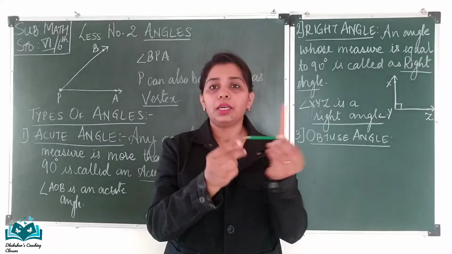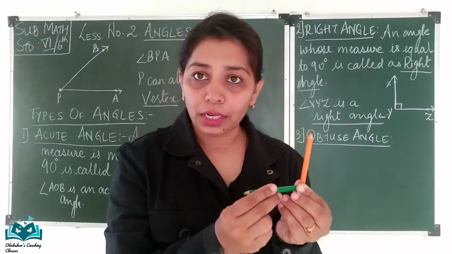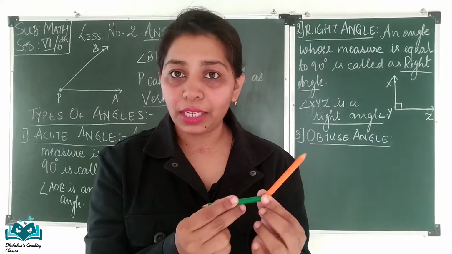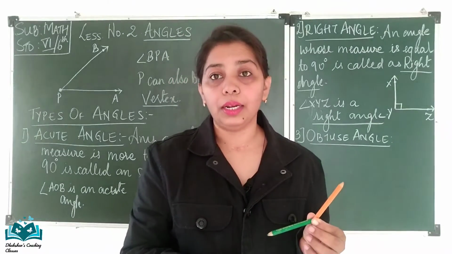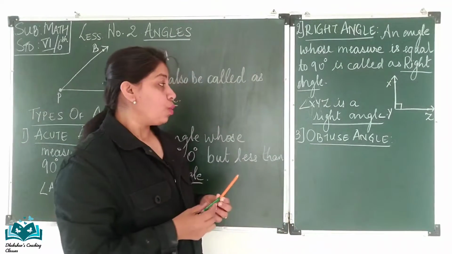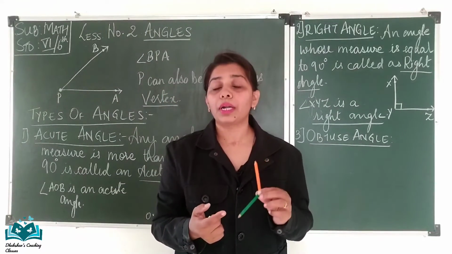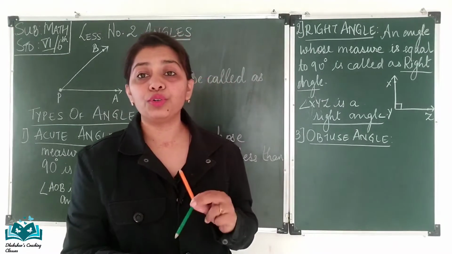This is 90. An angle whose measurement is more than 90 but less than 180 is called your obtuse angle. Okay.